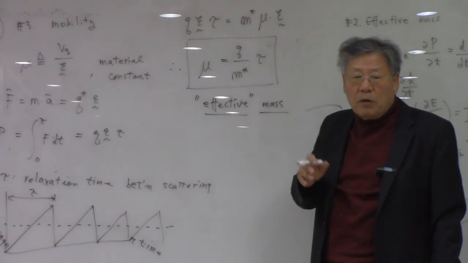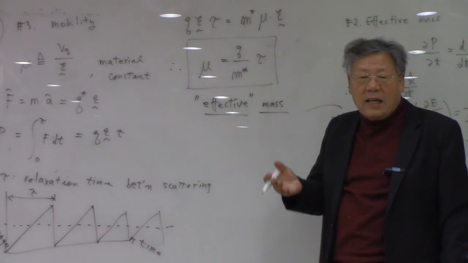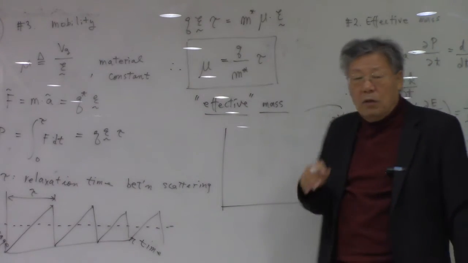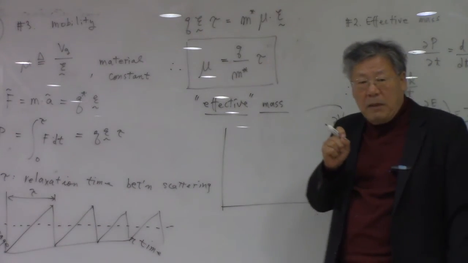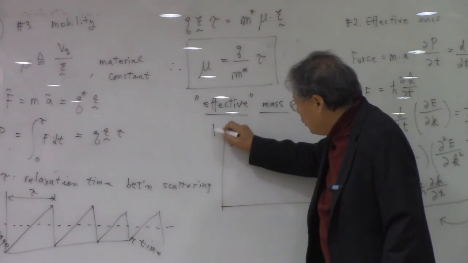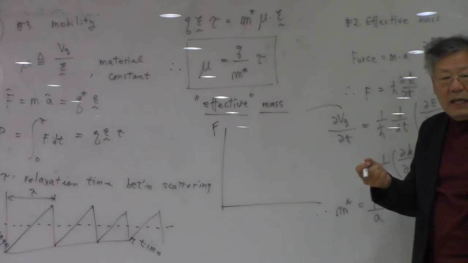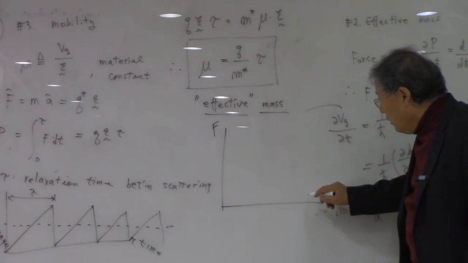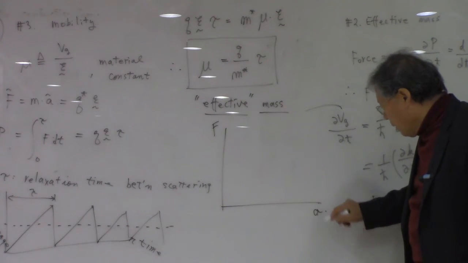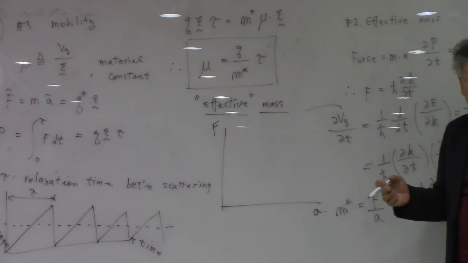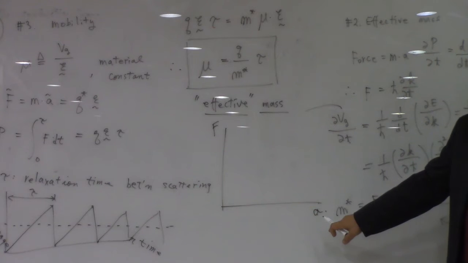So when you talk about the electron, we usually say effective mass, because to measure the mass of electrons we measure the force that the electron feels, and then vary the accelerations.